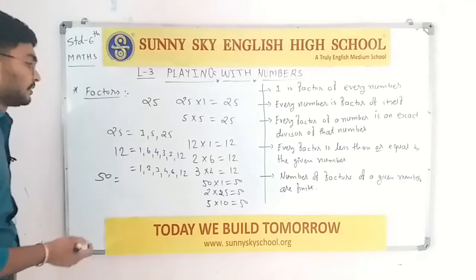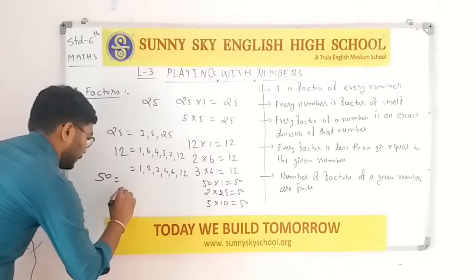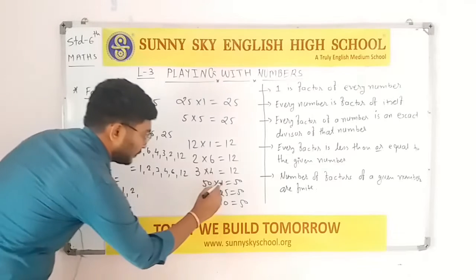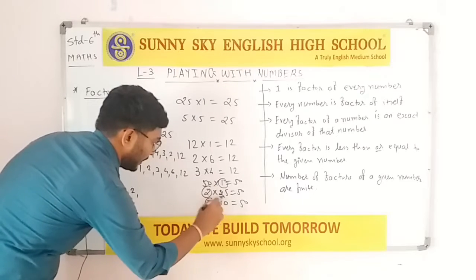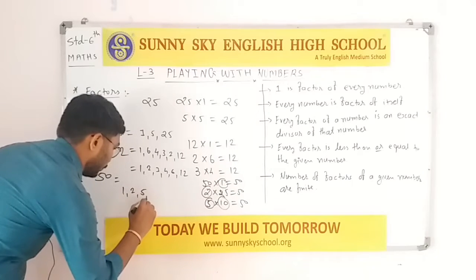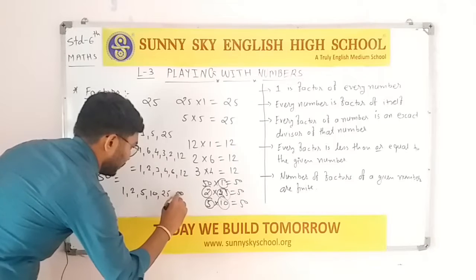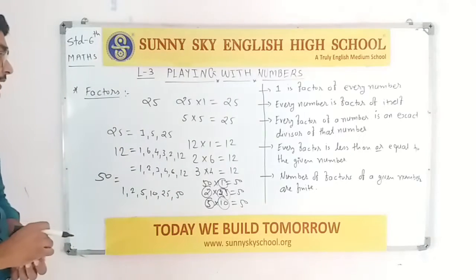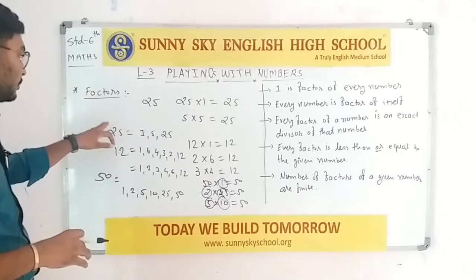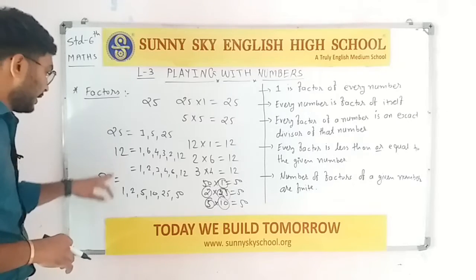Now the next is not possible. Then which are the factors? 1, 2, 5, 10, 25 and 50. These are the factors of 50.